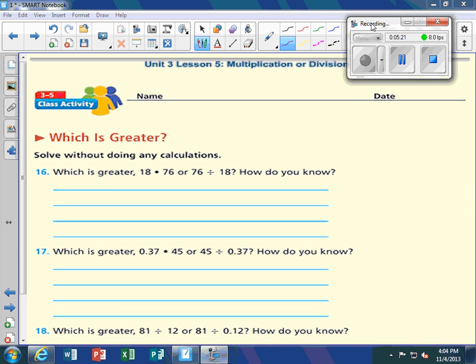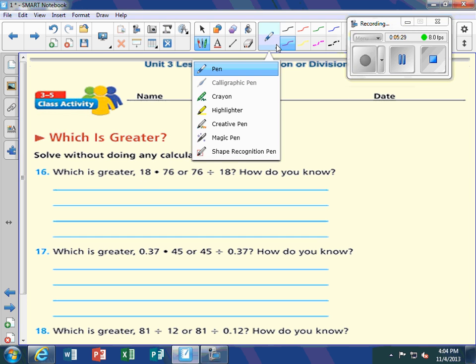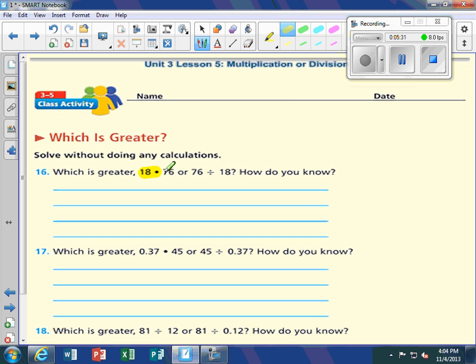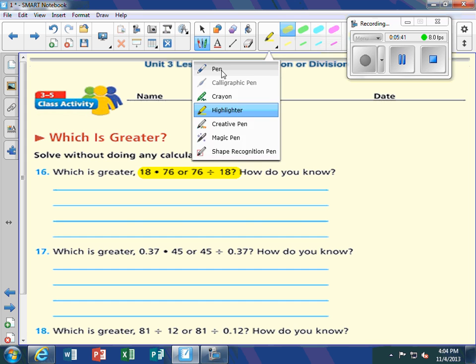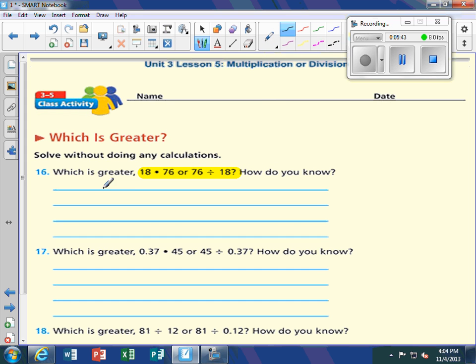Page 96. Solve without doing any calculations. Which is greater? Number 16, you have 18 times 76, or 76 divided by 18. Anytime you multiply whole numbers together, you're going to end up with a larger answer than dividing whole numbers. So your answer for this one should be 18 times 76.